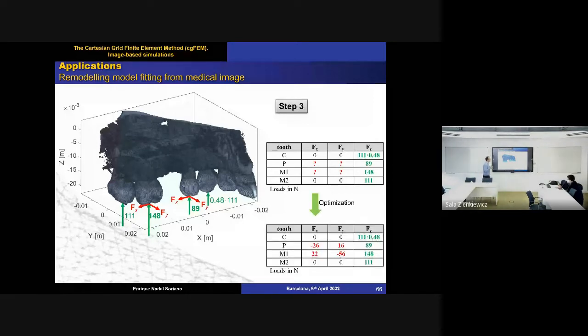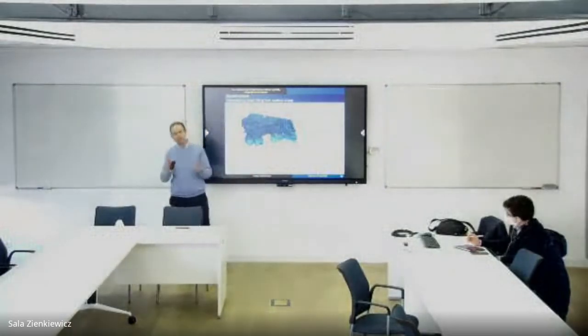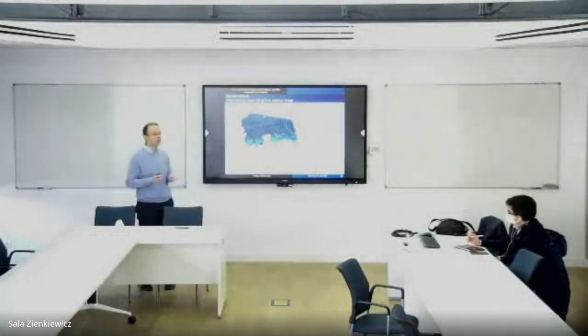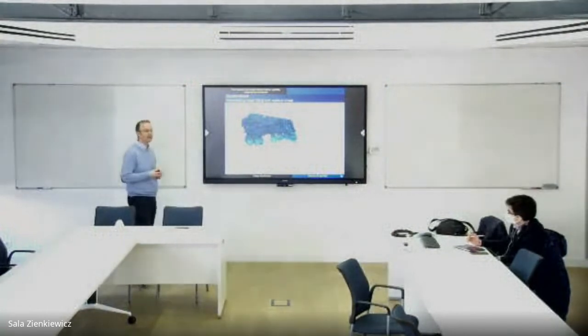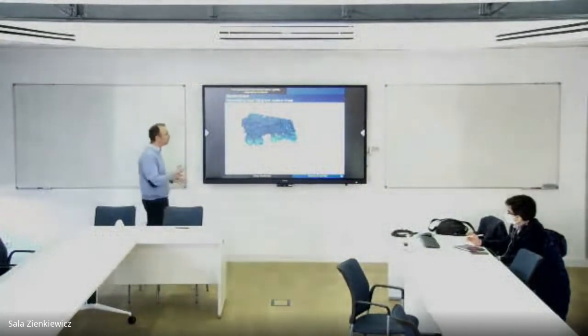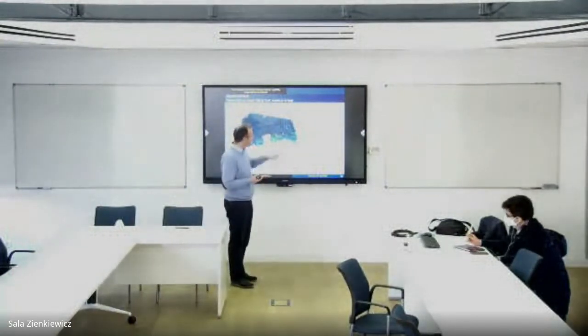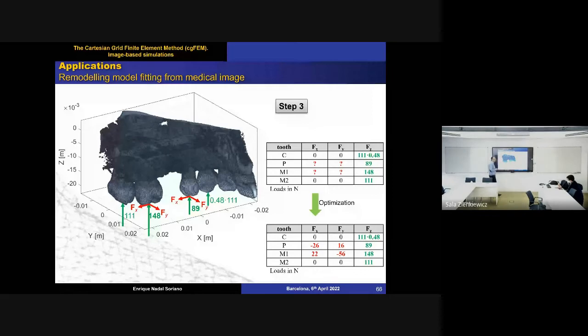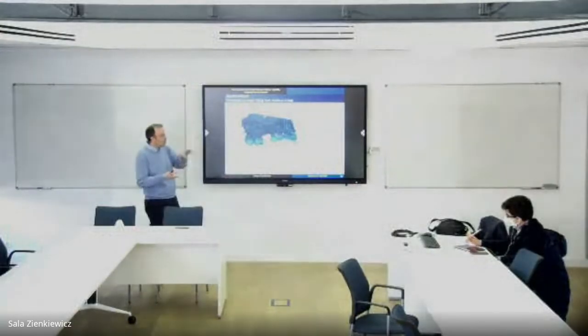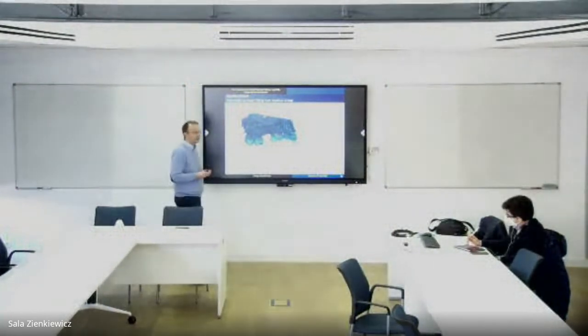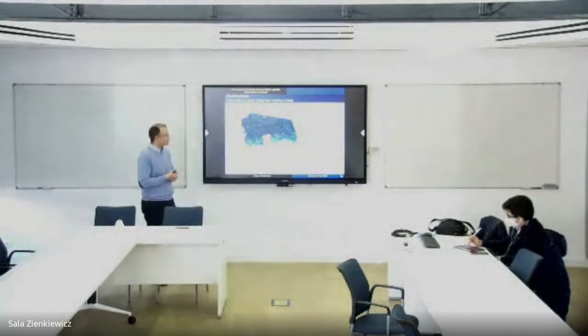These are more or less half of the quantities of the maximum loads that we find in bibliography, which are around 300 newtons, which is obviously too much. We obtain these smaller loads because we take a look at the bone, which is the actual response to the masticatory loads.